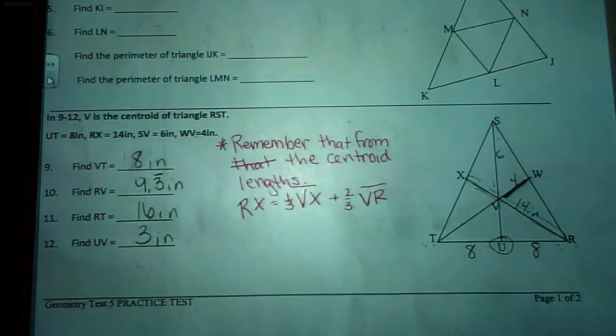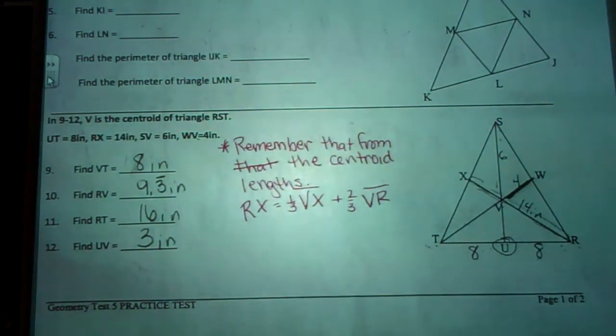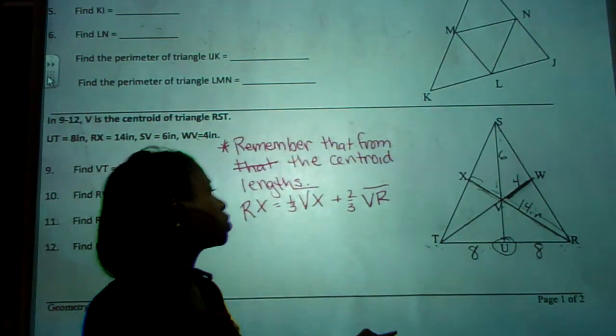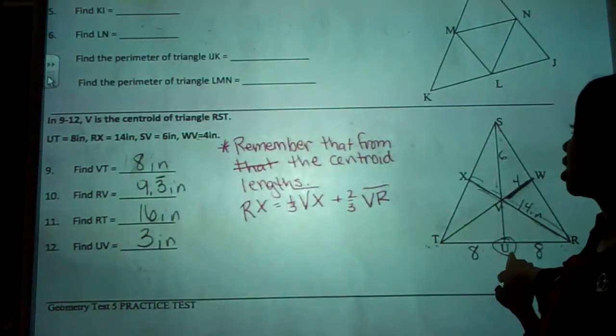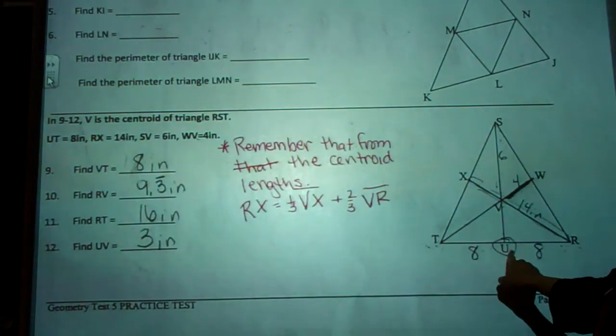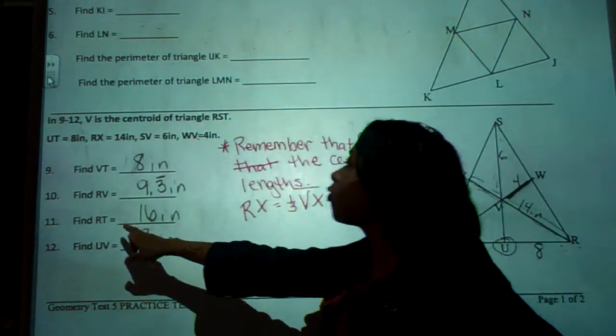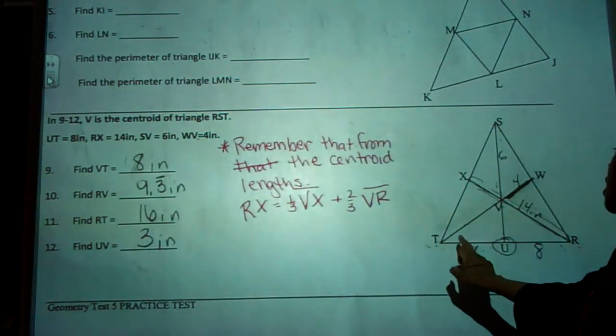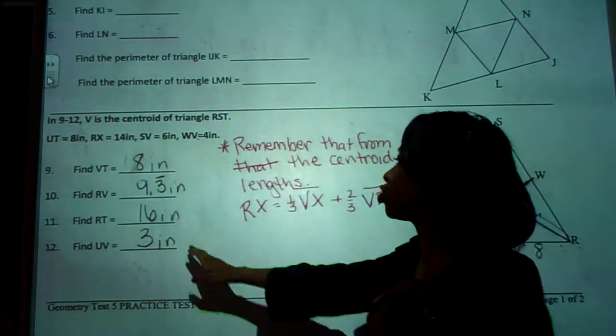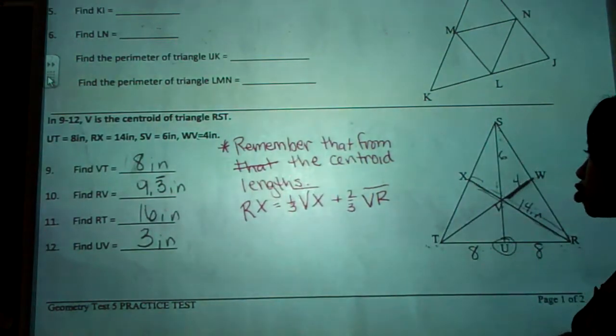And then next, RT. What's the length of RT? Easy to find. We're given UT is 8, and because U is at the midpoint, that means RU is 8. So therefore, the full length of RT is 8 plus 8, which makes 16 inches.